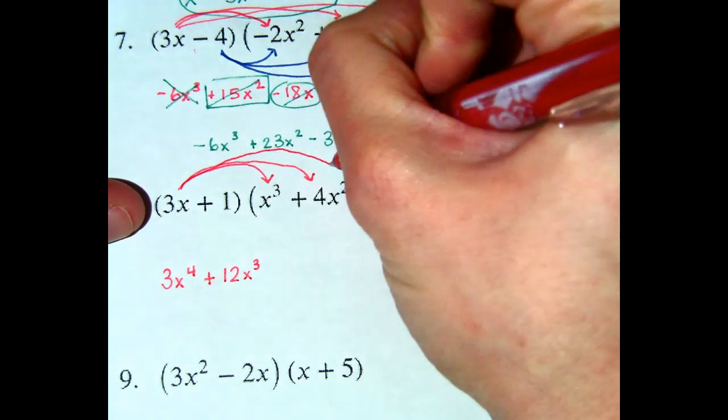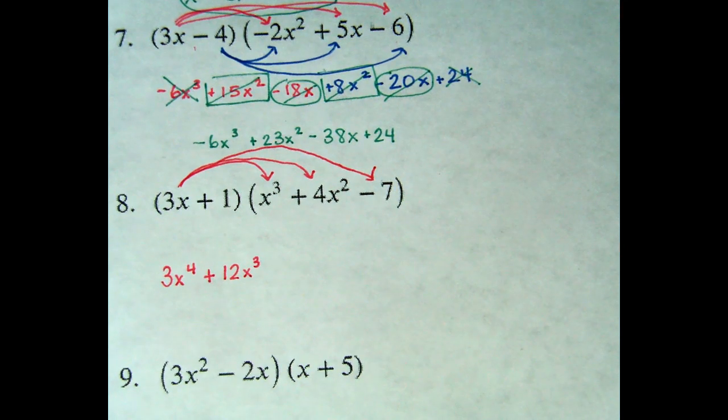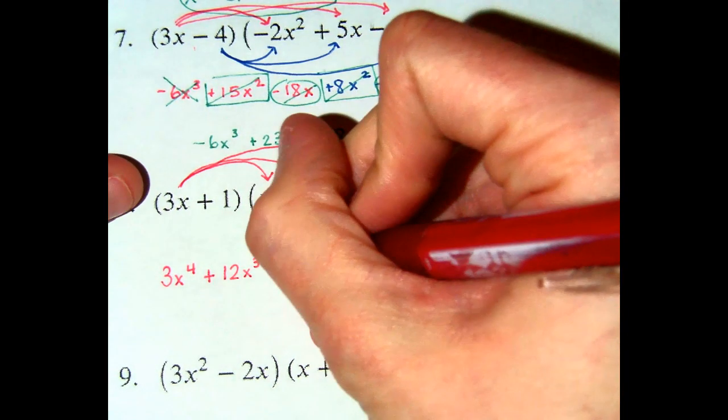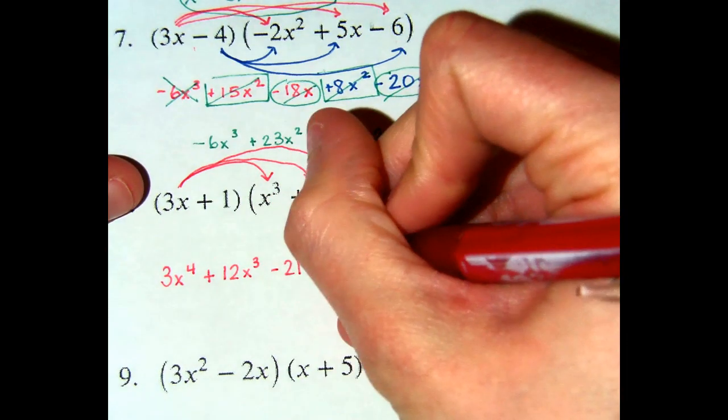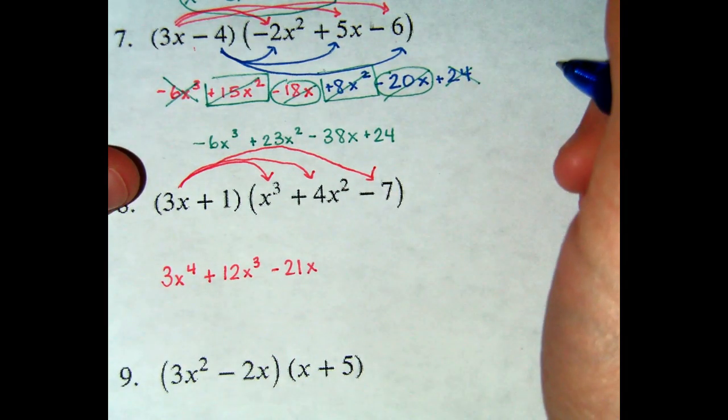I've got more people actually talking this time, but we still have a whole lot. Alright, 3x times negative 7. X, we don't want to make the same problem up there. Okay, now what?